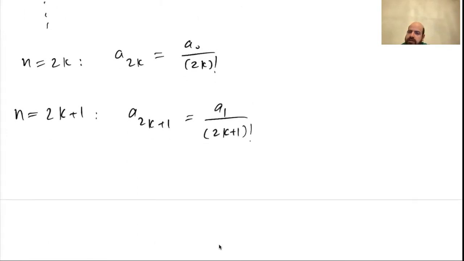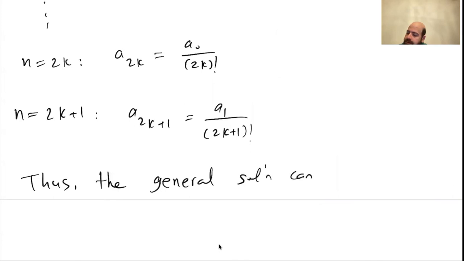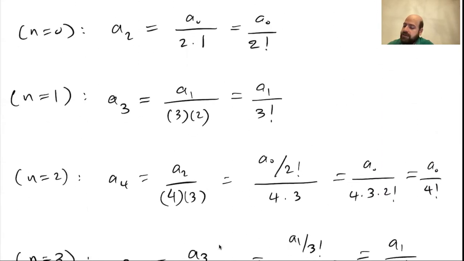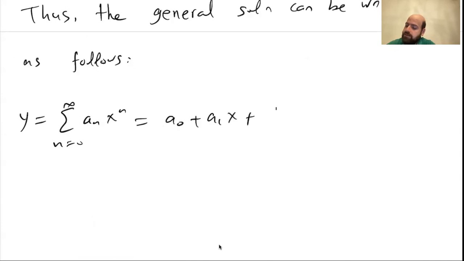So now we can write the general solution. General solution can be written as follows. We can say y is equal to sigma a n x to power n, from 0 to infinity. So we can write this one as a0 plus a1 x plus, now a2. a2 was a0 over 2 factorial, so a0 over 2 factorial x squared.